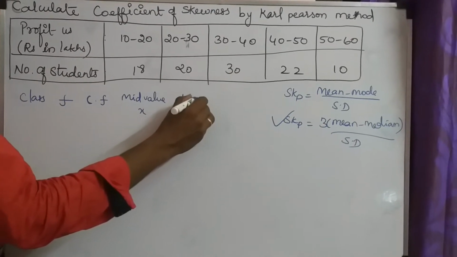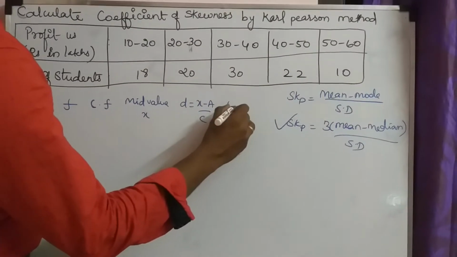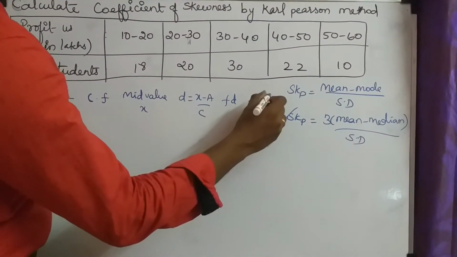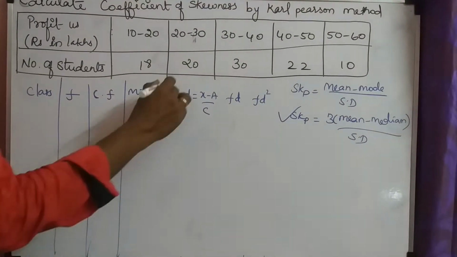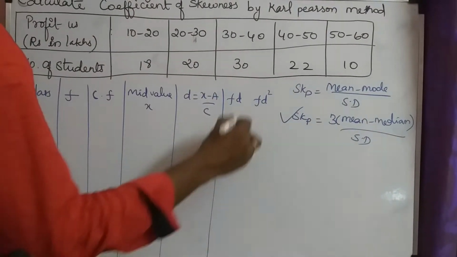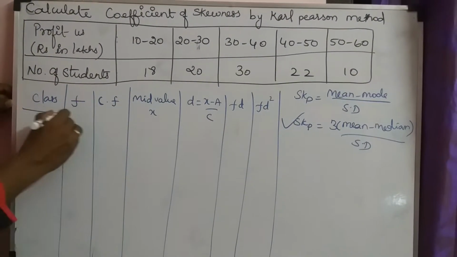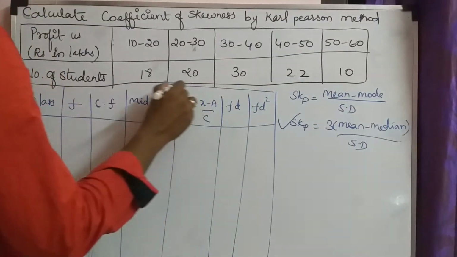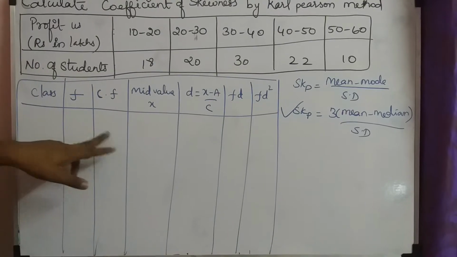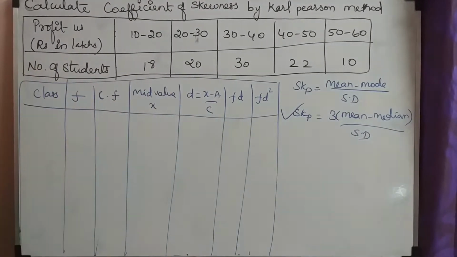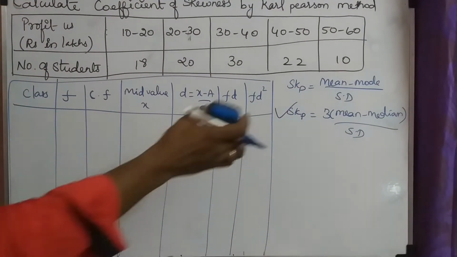Next, D equals x minus a by c, and then FD, and FD square. These are the seven tabular columns we need to calculate the mean, median and standard deviation, and then the Karl Pearson coefficient of skewness.